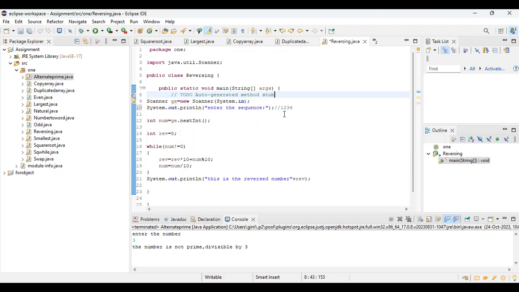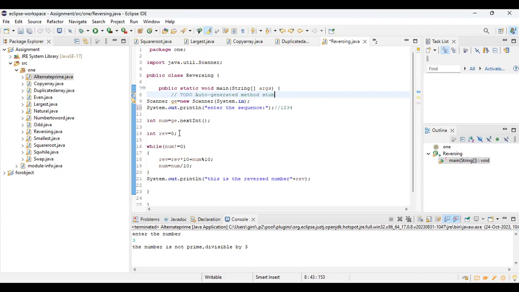Now I have to reverse this. For getting the unit digit, and for getting the tens, hundreds, and thousands digits, I have to divide repeatedly. Whenever I divide and get the remainder, that remainder gives the last value.